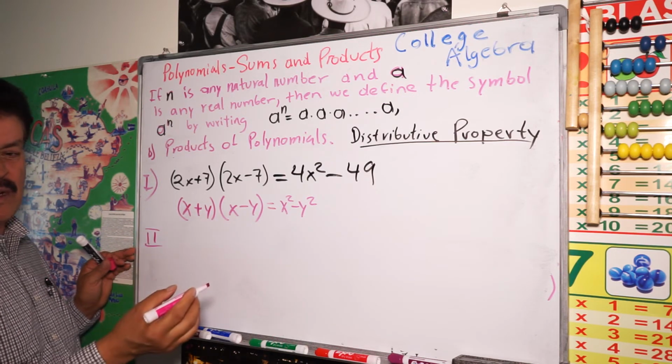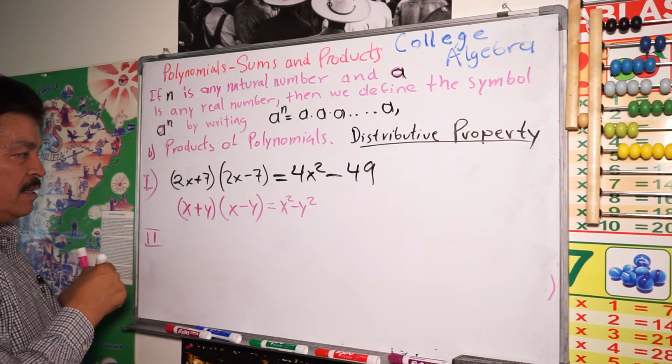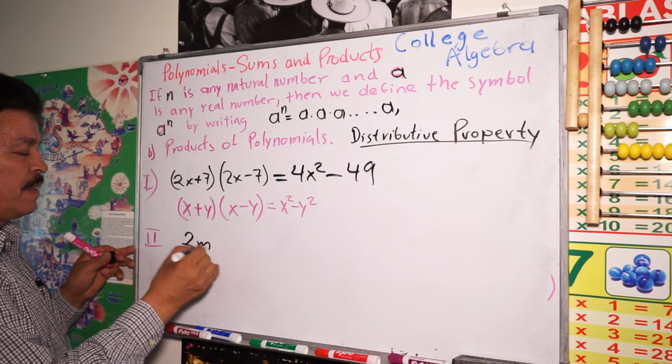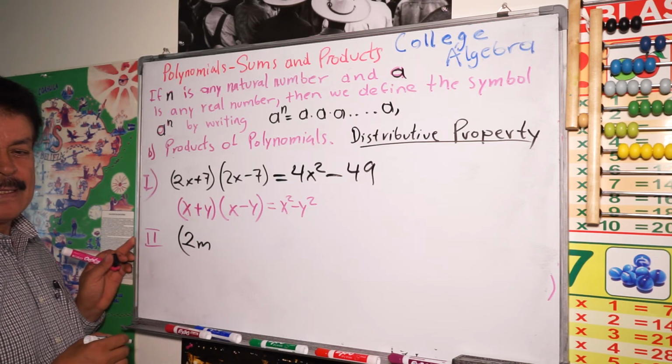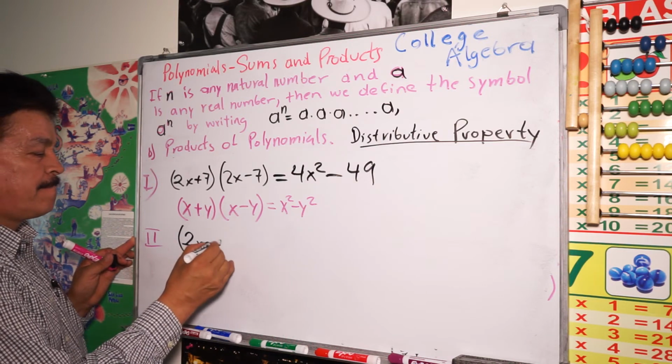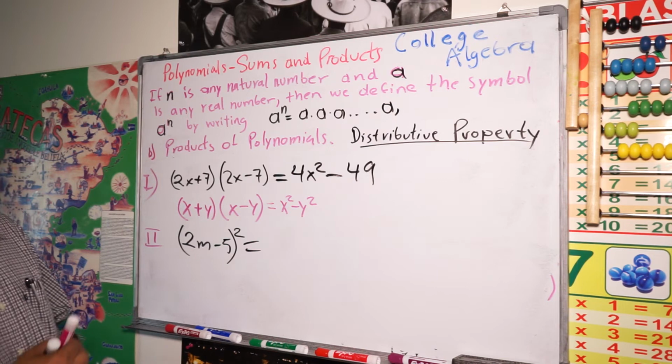Let's solve another one. This is simple, very simple. When you have 2m minus 5 to the second power, what is this? Remember this rule?